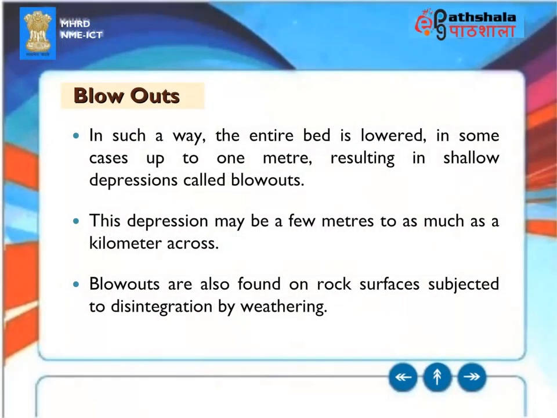In such a way, the entire bed is lowered, in some cases up to 1 meter, resulting in shallow depressions called blowouts. This depression may be a few meters to as much as a kilometer across. Blowouts are found on rock surfaces subjected to disintegration by weathering.